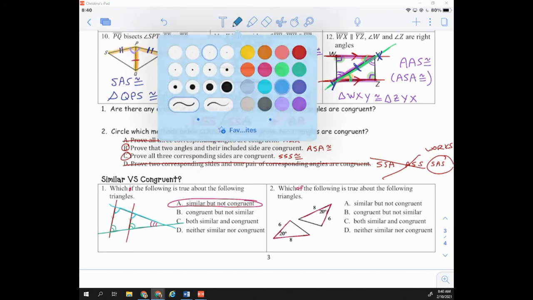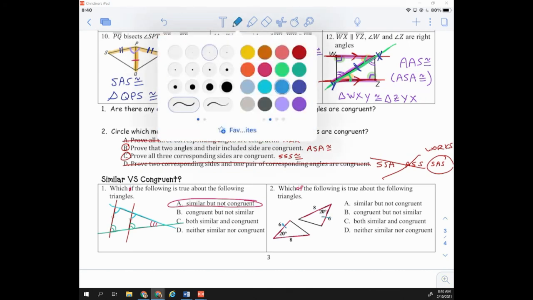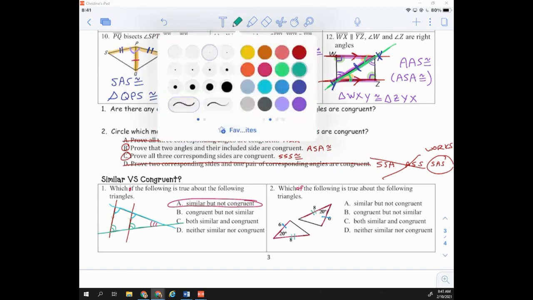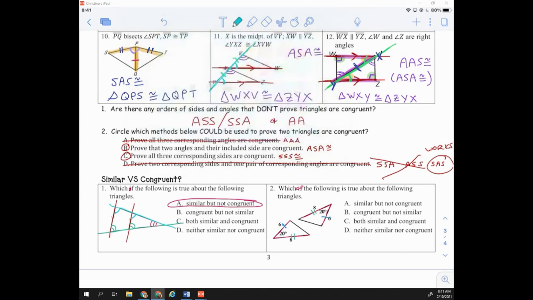So we have a pair of congruent sides, another pair of congruent sides, and the angles between them are congruent. So that's side, angle, side. Congruence.